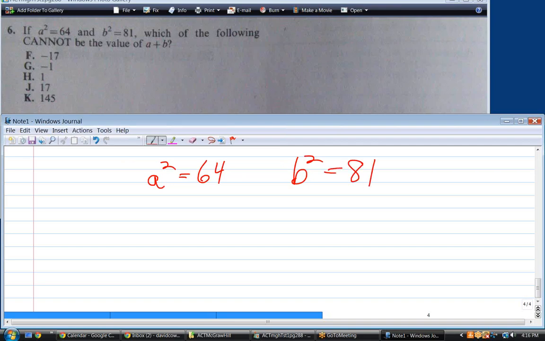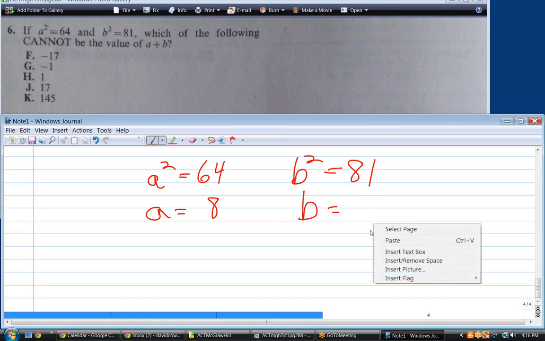This is one of those strange problems where they say, what cannot be the value of A plus B? Well, what is A? 7? Let's try 8. What is B? Oh, right. You're right. It's 8. 9. So what is A plus B? 17.